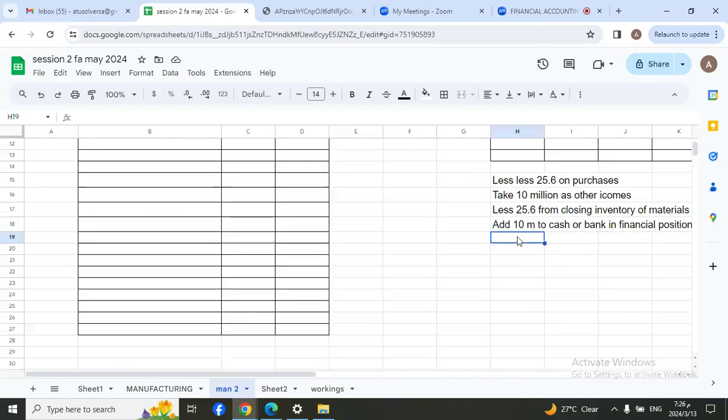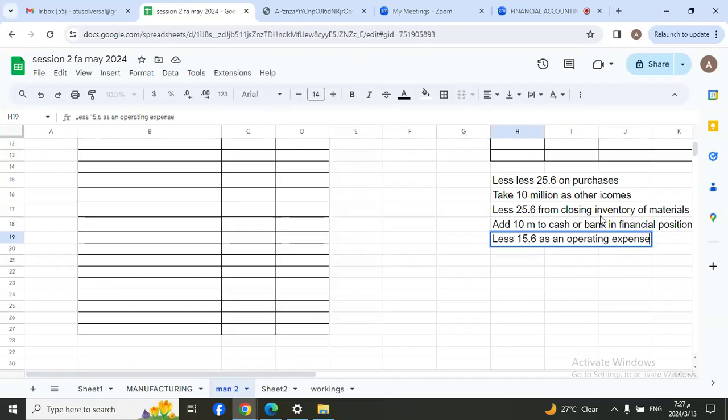So let's show 15.6 as an operating expense. We are together? Yes. So we shall see it also down.